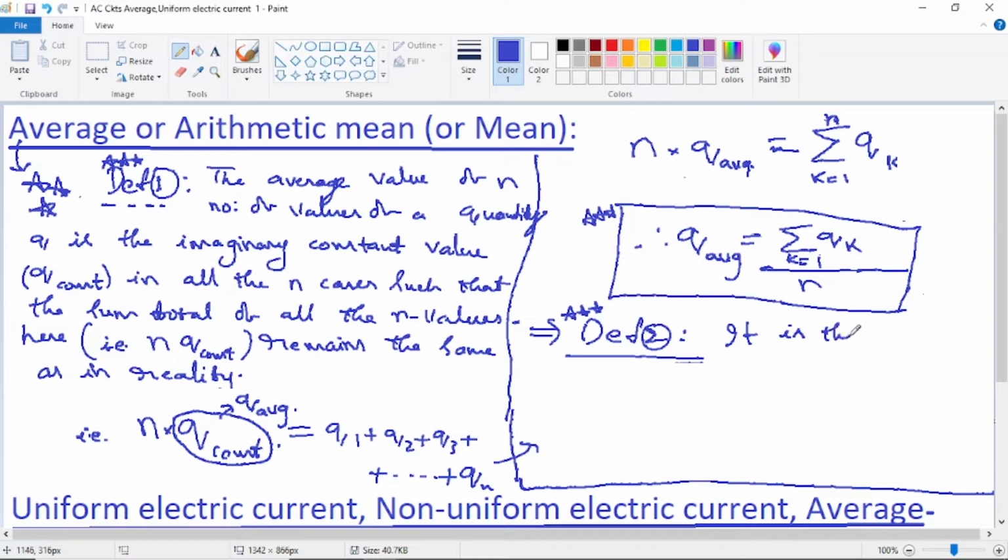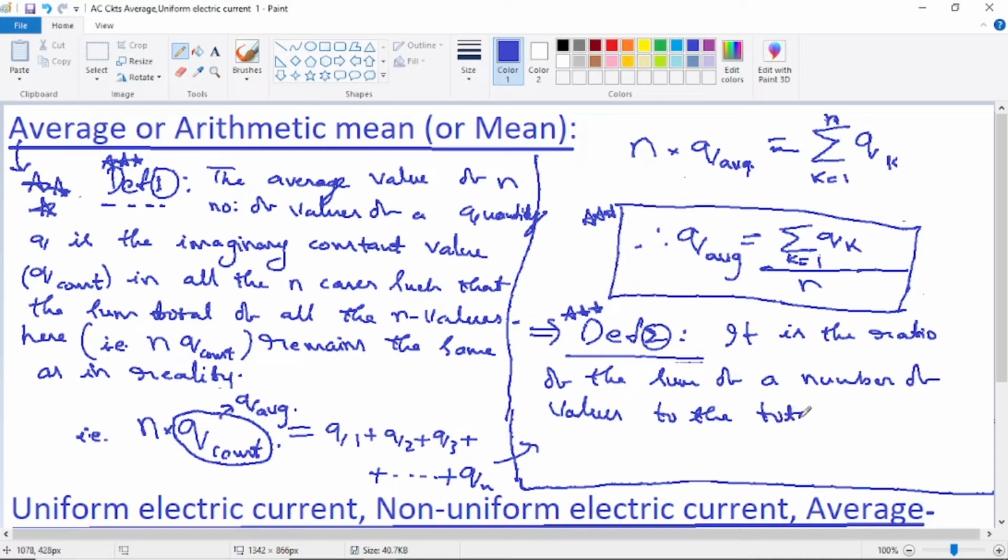It is the ratio of the sum of a number of values to the total number of values.